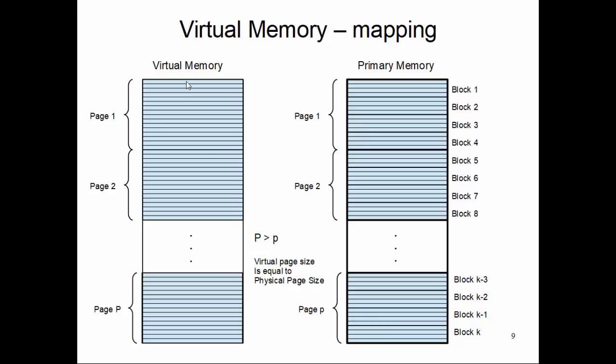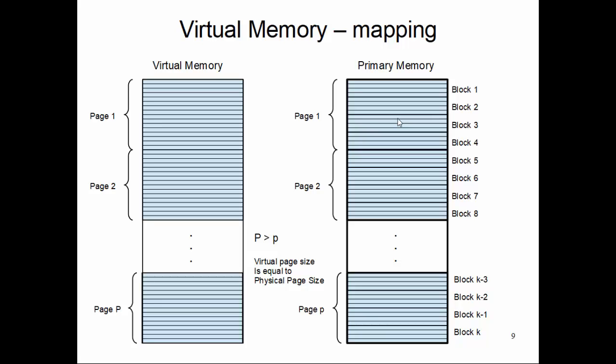Your virtual memory has a lot more pages which can be virtually stored, whereas your primary memory can host only a few of the pages, but the page sizes are the same. Let's say if the virtual memory page size is 1 kilobyte, your primary memory also follows the same concept.